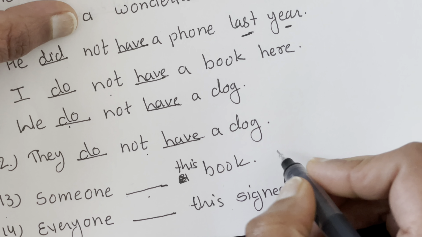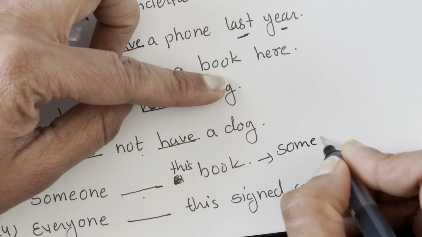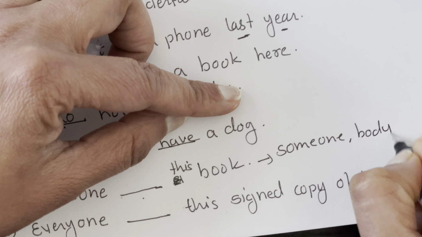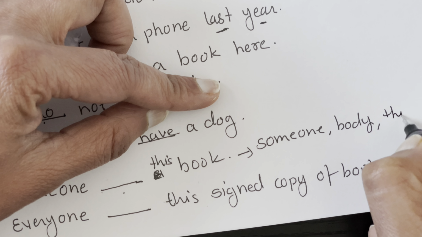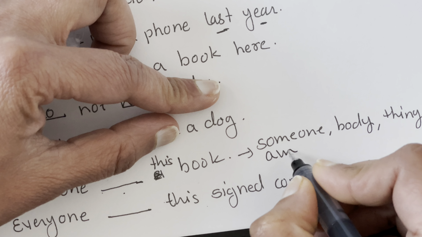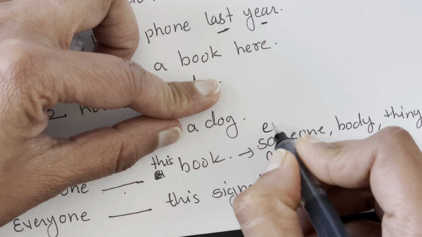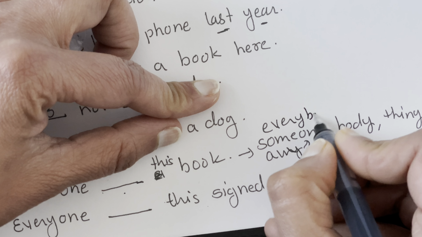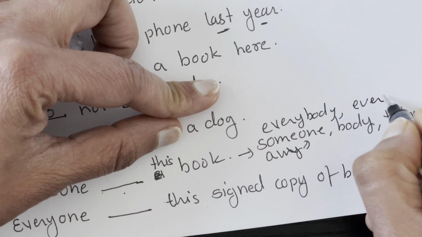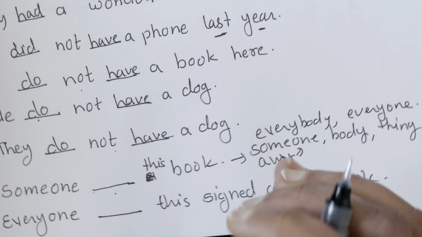So in this condition, when you see someone, somebody, something, or anyone, anybody, anything, or everybody, or everything, or everyone, you will use has.